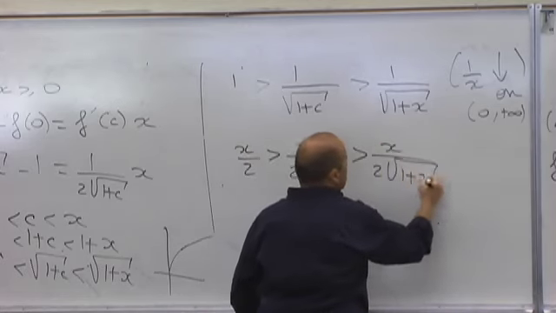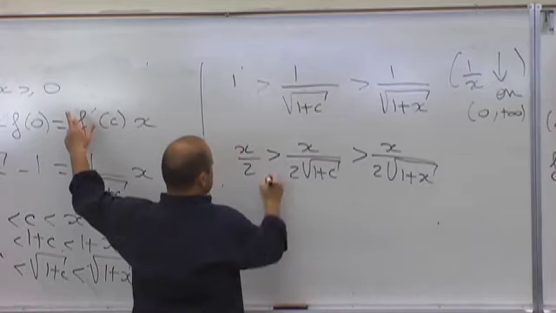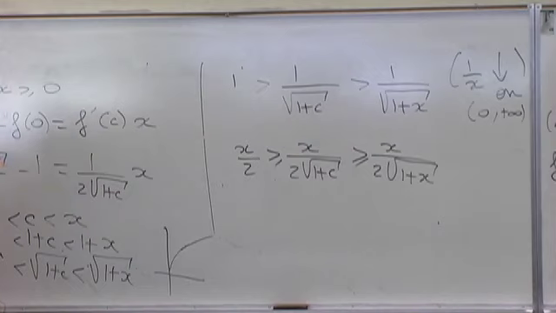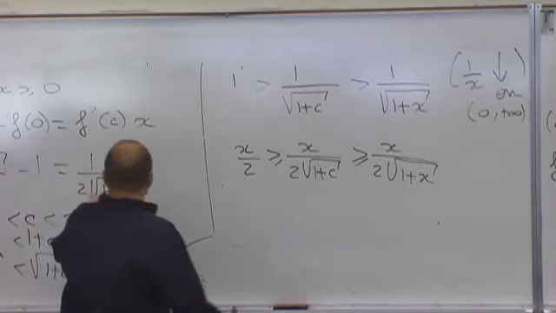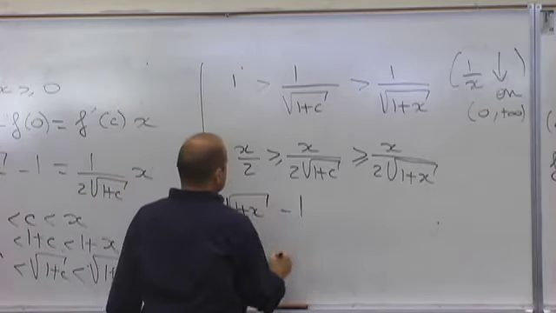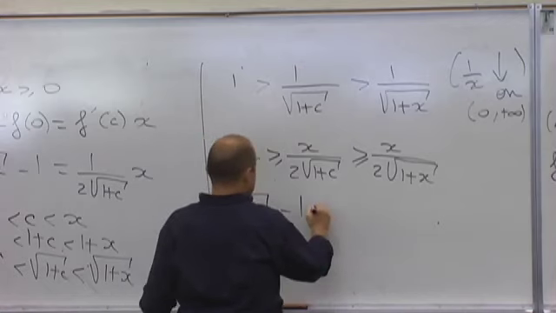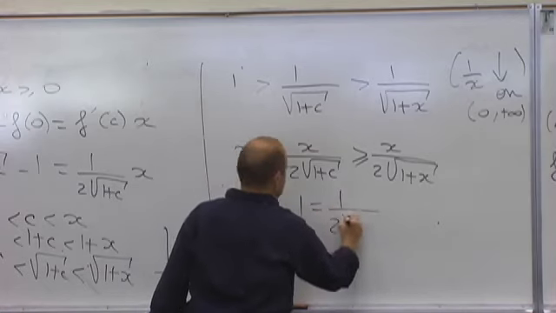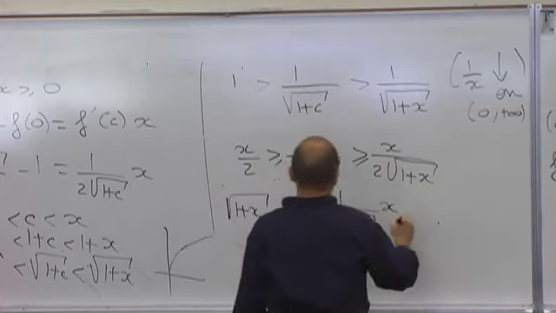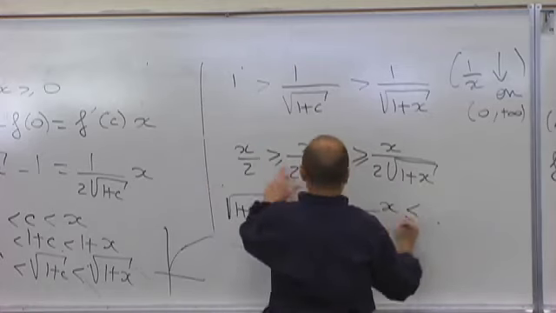Now we are writing things for x possibly 0, so the inequalities become large instead of strict. And we get this. And therefore, square root of 1 plus x minus 1, which is this thing here, is going to be less than x over 2.